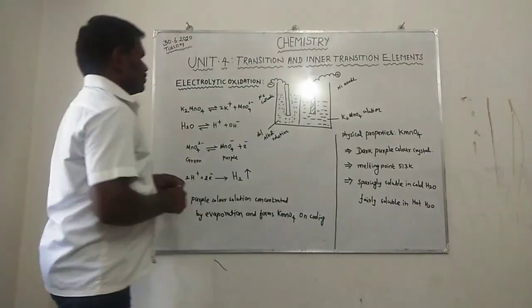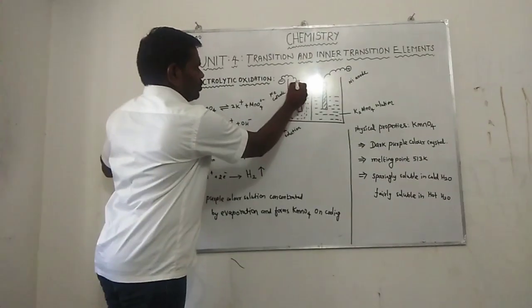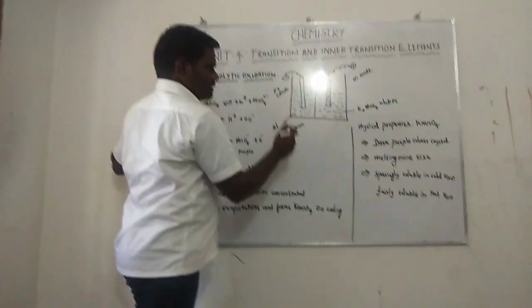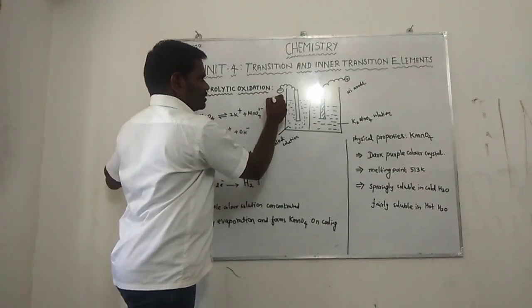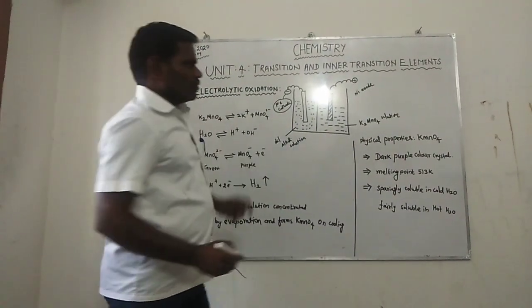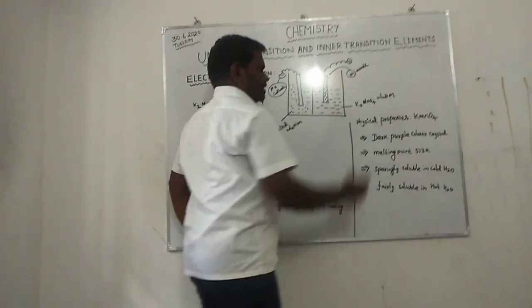Next topic, electrolytic oxidation of potassium manganate. You see 2 electrodes present in the vessel: iron is the cathode and nickel acts as the anode.